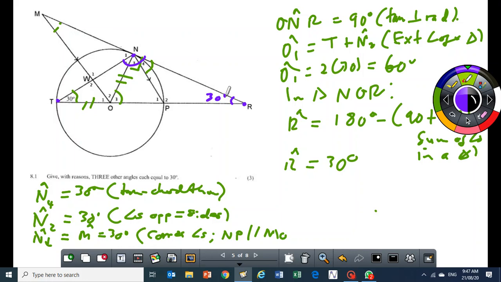We're trying to find that angle, RNT. Before we go there, I'm just asking: if you had provided these three without writing down the value of R as 30, how were you going to get the value of 30 degrees for R?